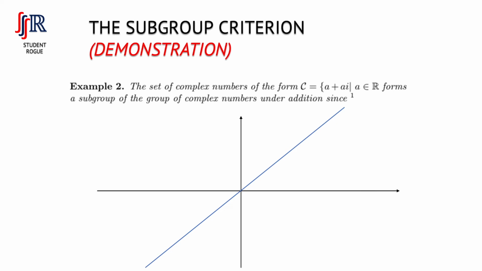Let's now move to the demonstration of the subgroup criterion at work. So I was actually just reading this week that even though the immediate cause of the First World War was the assassination of Archduke Franz Ferdinand, one of the major long-term causes of the war was the lobbying from big military contractors, the military industrial complex, that had built up novel, very powerful weapons that had never been tested.